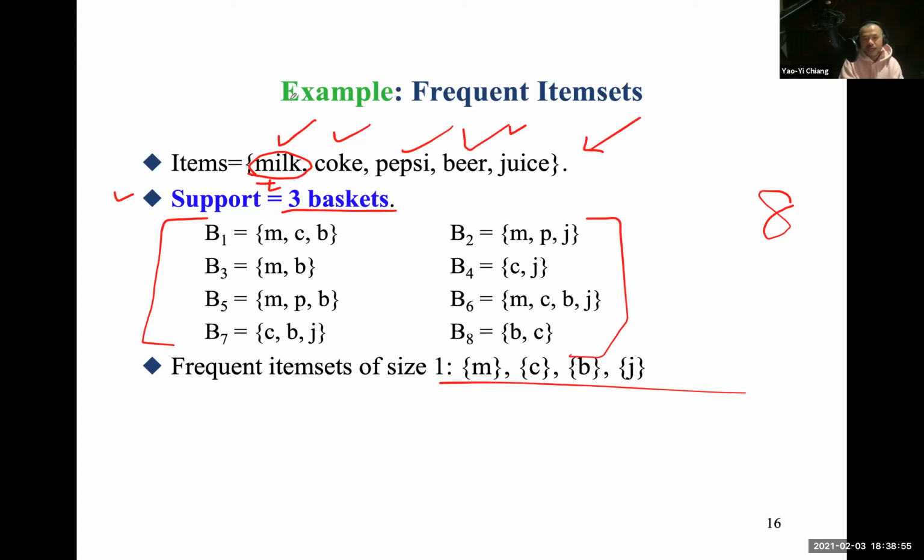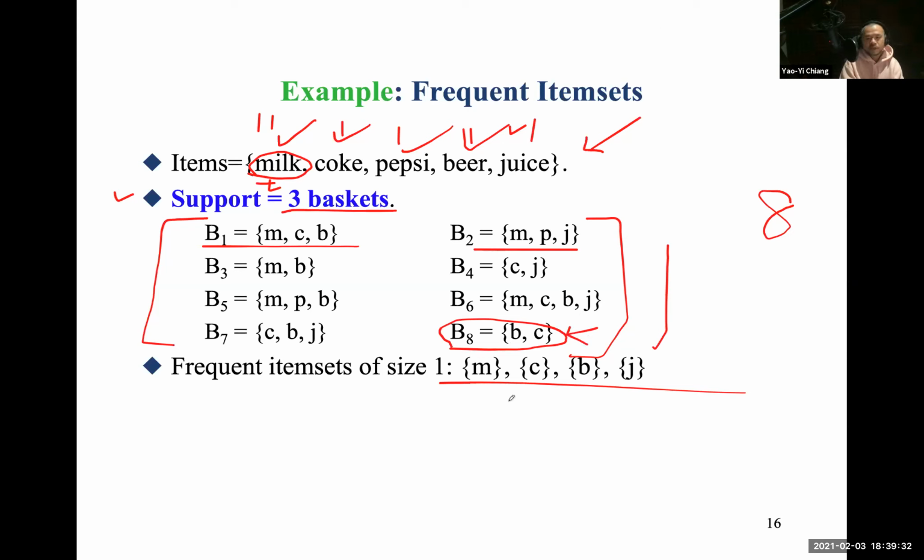I initialize a counter for every item type I have here, and I read the first basket: milk, counter 1, Coke 1, beer 1. I read the second basket: milk 1, Pepsi 1, juice 1, and so on until we finish the last basket, and then we have all the counts.